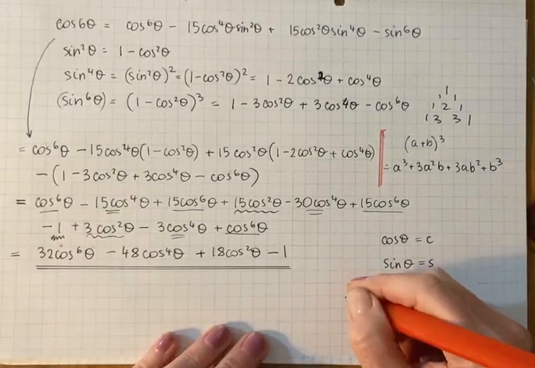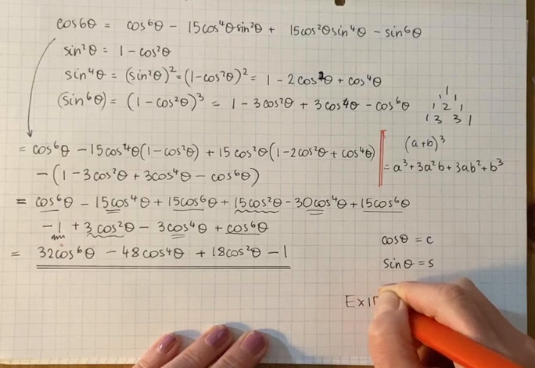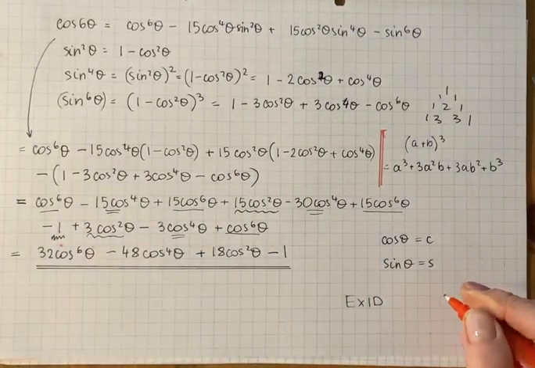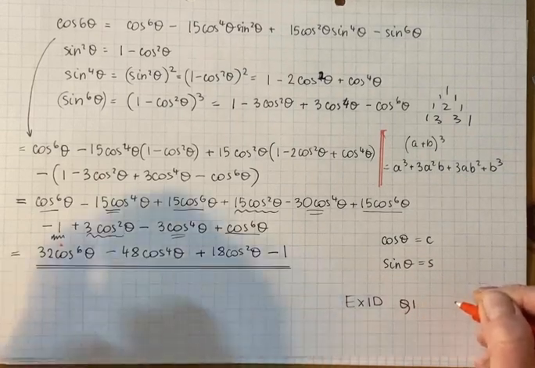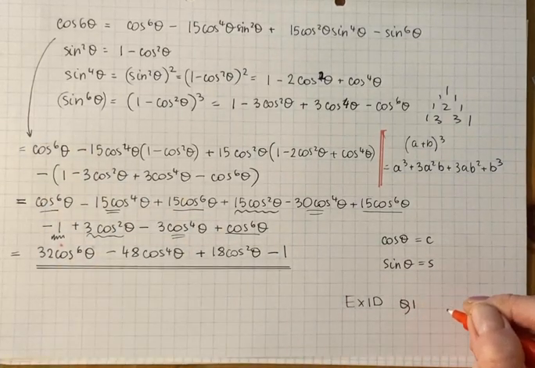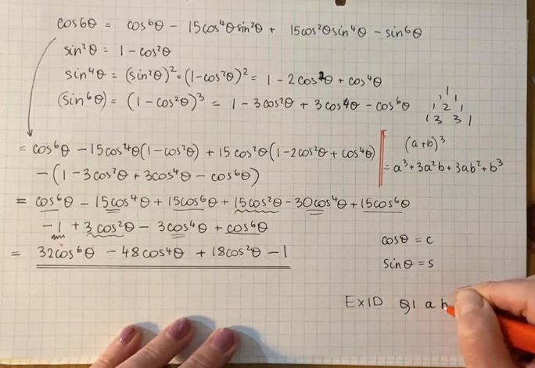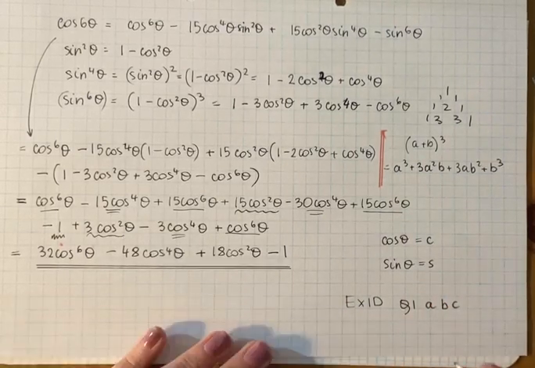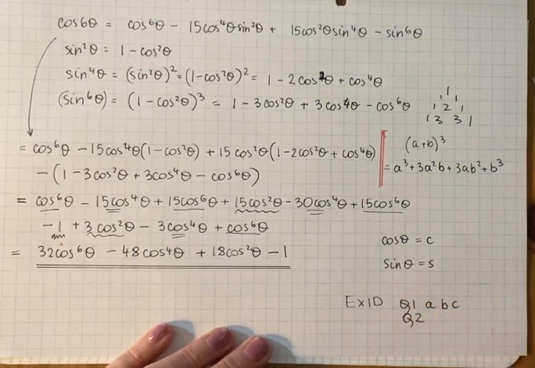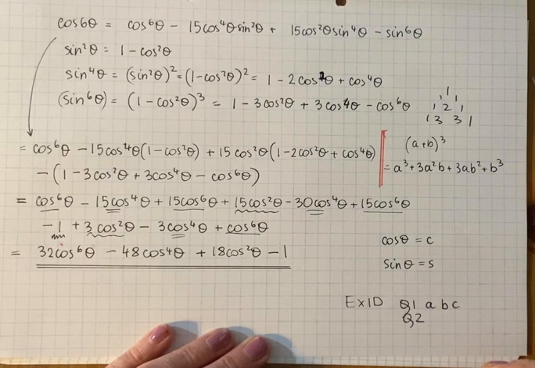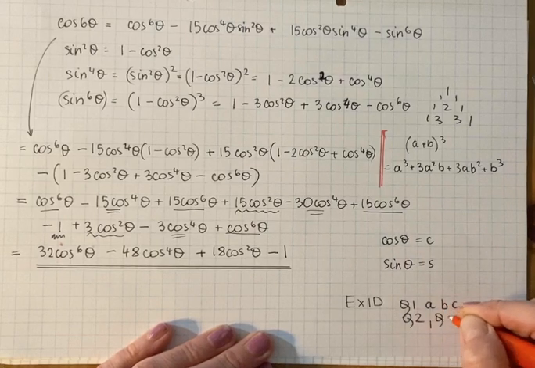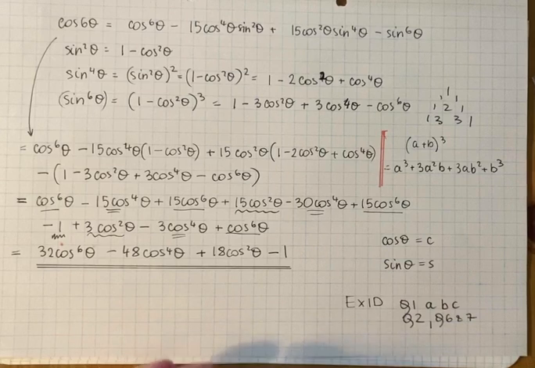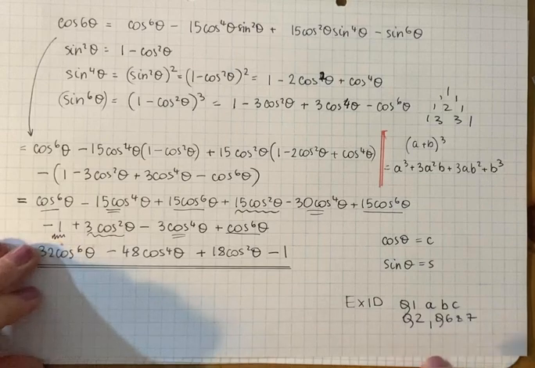So I would do exercise 1D, and you can see that's question 1, A, B and C. Also question 2 can be attempted, and questions 6 and 7. Okay, before you go ahead and listen to the next example.